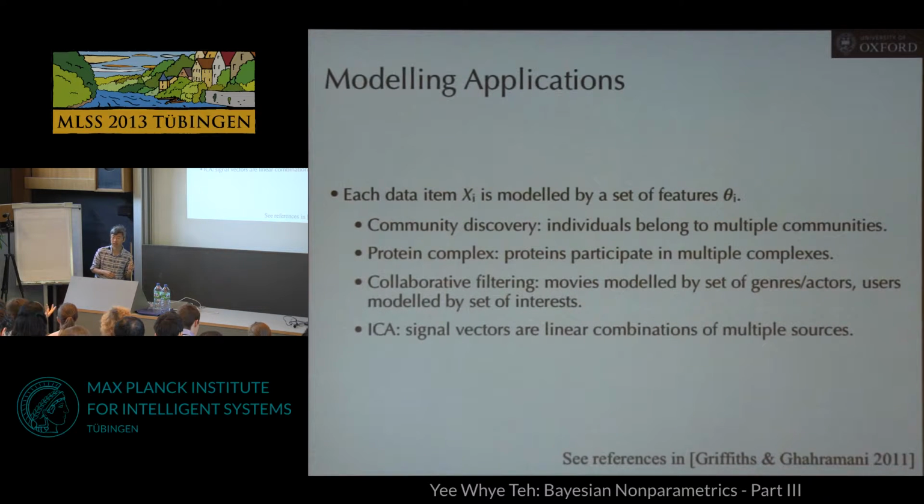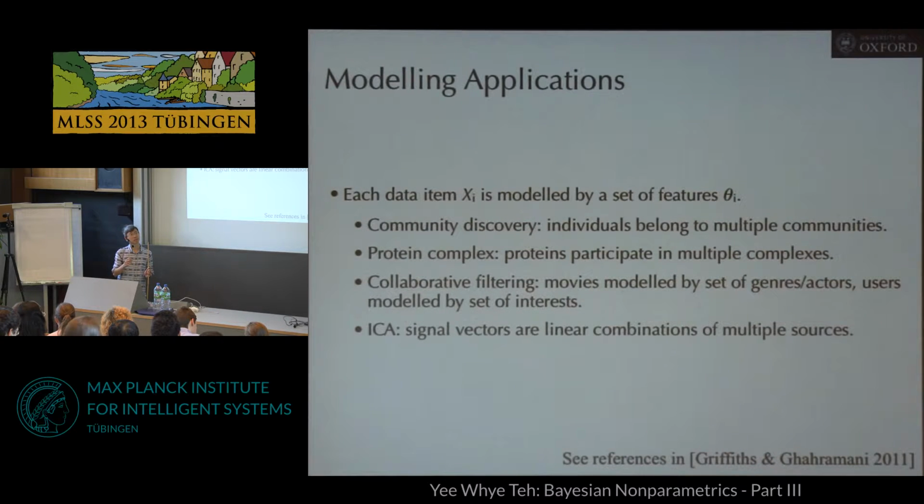Yes? Could we say that it's the nonparametric equivalent to fuzzy clustering? I'm not sure what fuzzy clustering is. Basically, I think you set a cluster number and then you allow each item to belong to a certain percentage of each cluster. It's a bit like that.